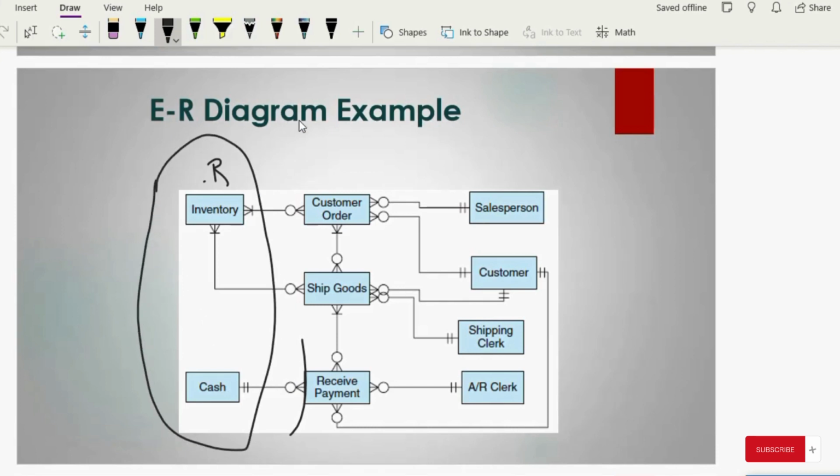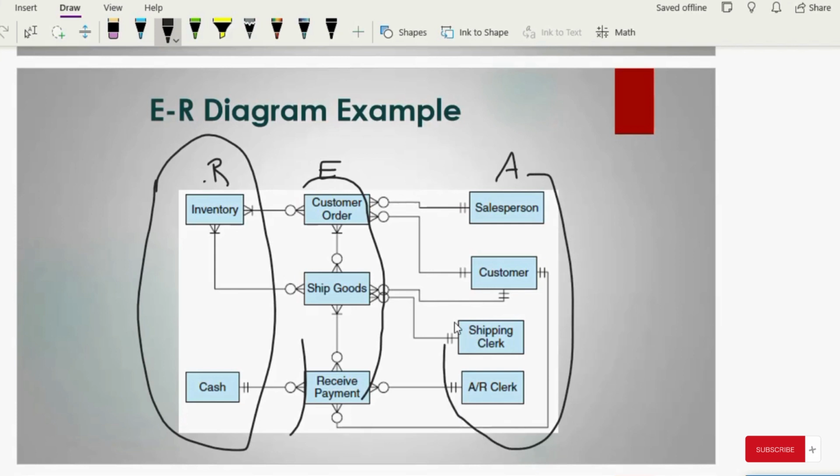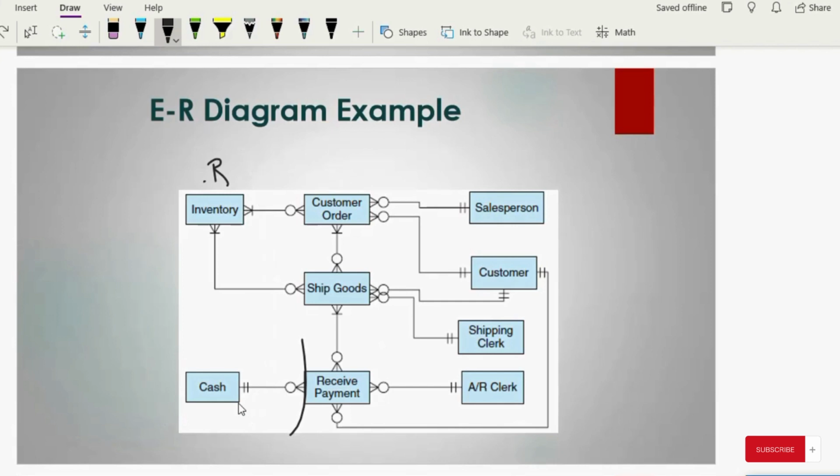Okay, this is event. So over here, I will be placing all the events, and these are agents. Over here, I will be placing all the agents. Okay, so let's place all those people who are involved in this transaction. Let me just clear the screen so that we can quickly see that.